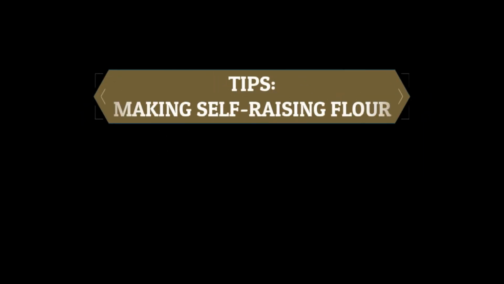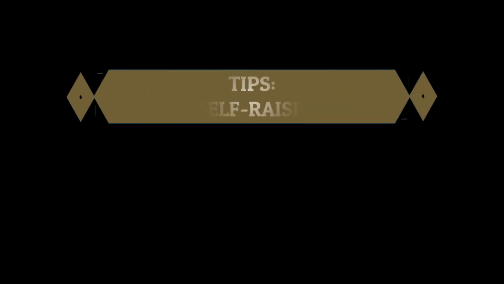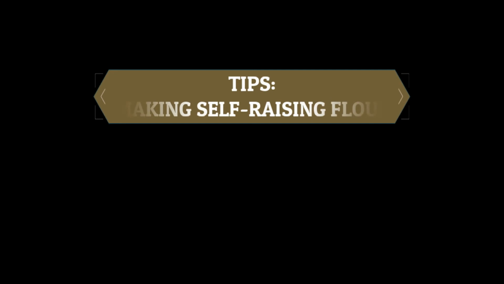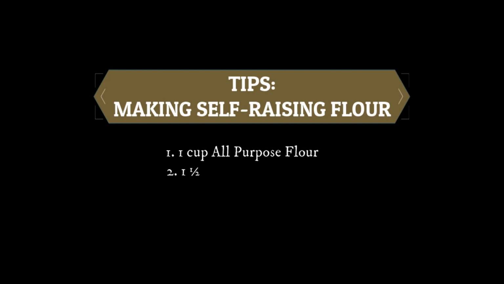There's a tip for you guys. If you do not have any self-raising flour at home, of course you can go to the shop to buy it, but I think it's more convenient and more cost saving if you make your own self-raising flour. So the first ingredient is 1 cup of all-purpose flour of any brand such as Cap Sour, Cap Rose, and any kind of brand that you use.